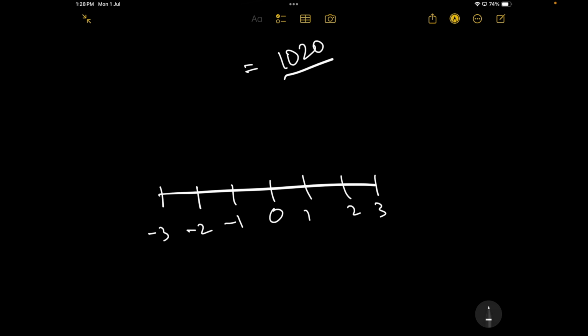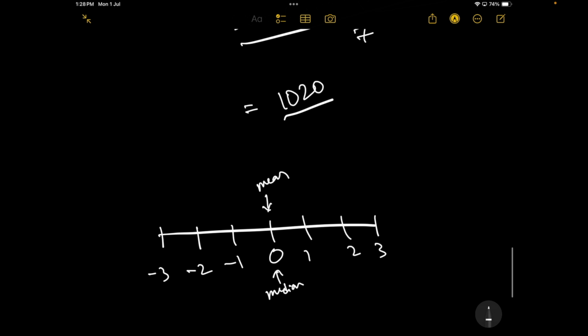This is how the scale looks. Here is the mean and here is the median. For these values, the mean actually moves because of the outliers. The outliers were more on the positive side, so it was manipulating everything.